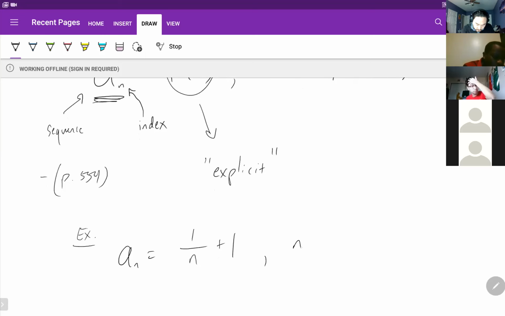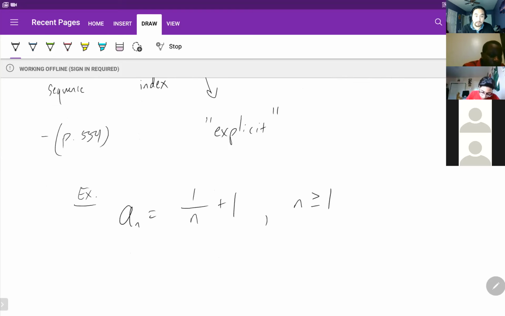I have to give you an n value to start at. If I say find me the 50th term, because this is an explicit definition, I can just plug in 50 and get a specific answer in the sequence. Does that make sense so far?